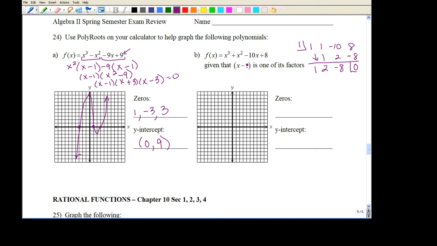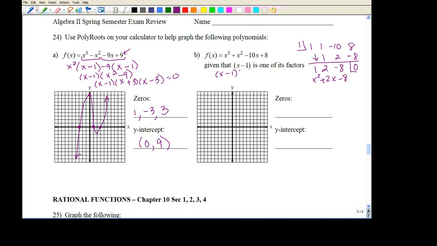Because it told us that x minus 1 was one of its factors, we already knew that this remainder should be 0. So then this is 1 degree less than what we started with. So this is 1x squared plus 2x minus 8. So now I have x minus 1.